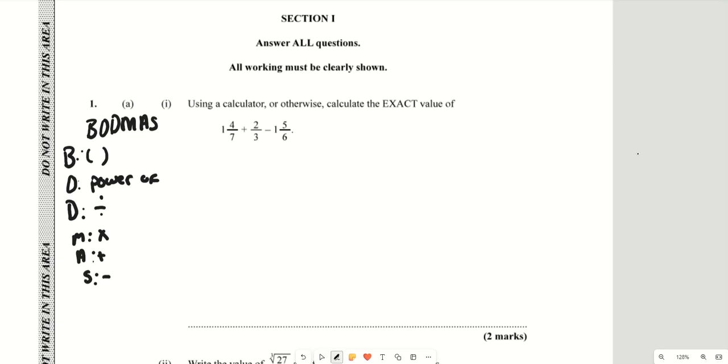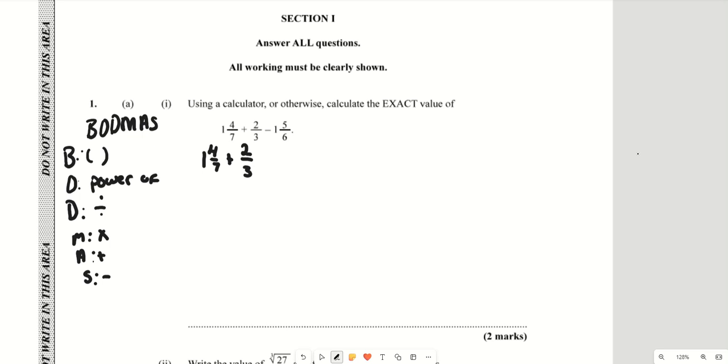Now, in this question, you're seeing addition and subtraction. So according to BODMAS, we have to add first and then subtract. So what you would do is add 1 and 4 over 7 plus 2 over 3. The first thing when you're adding fractions is to check the denominator. Everybody should know the denominators are the numbers at the bottom.